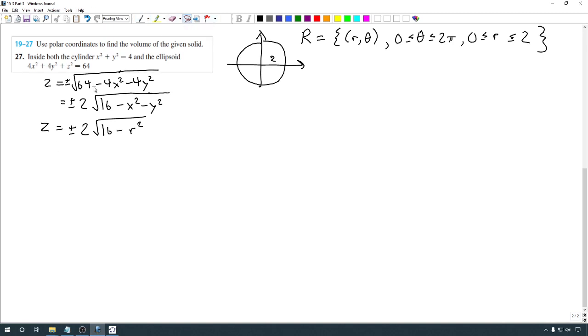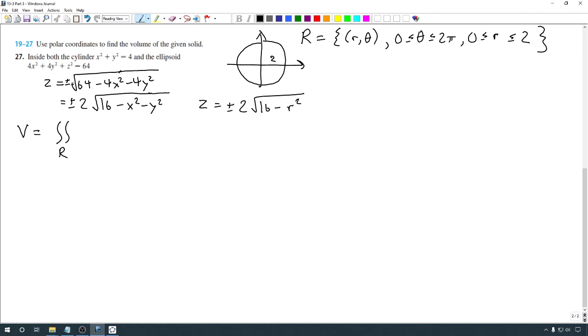Let's actually move this over so I can have a little more space. Our volume is going to be a double integral over this region of this function. Well, not of this function really, because remember, we are going between two different functions here.